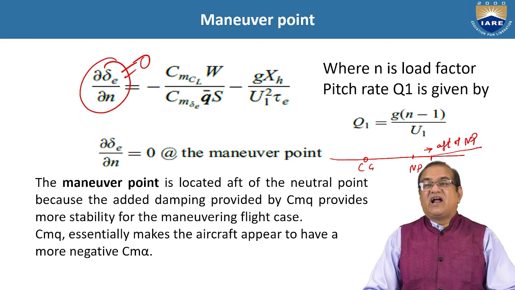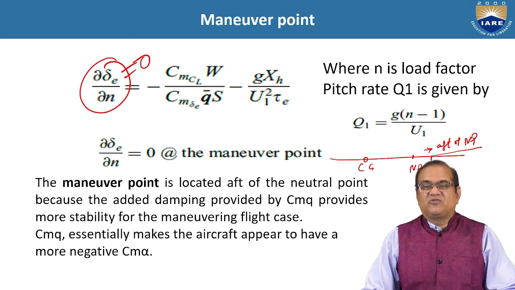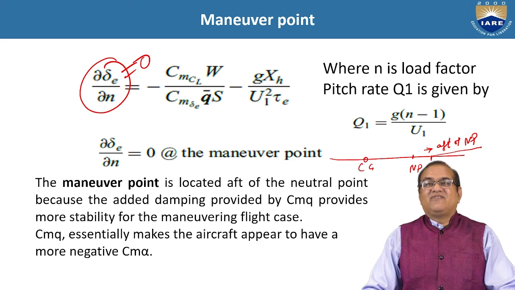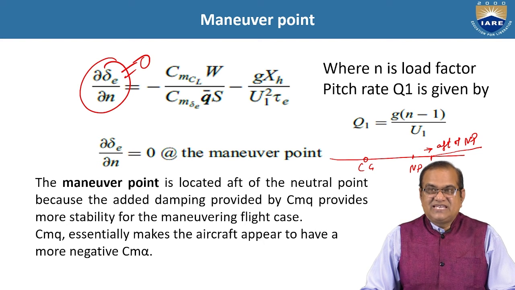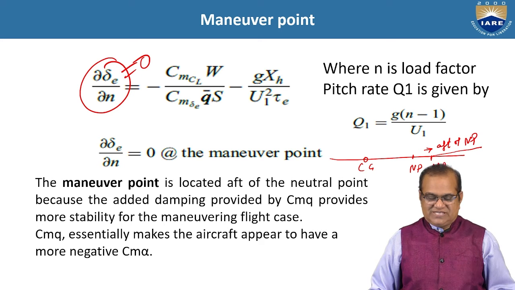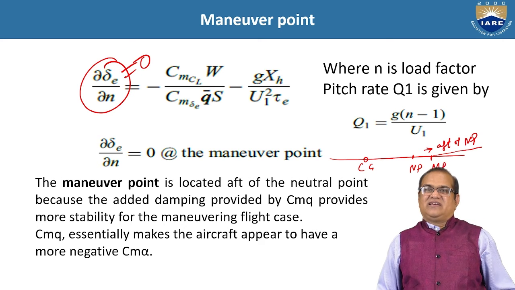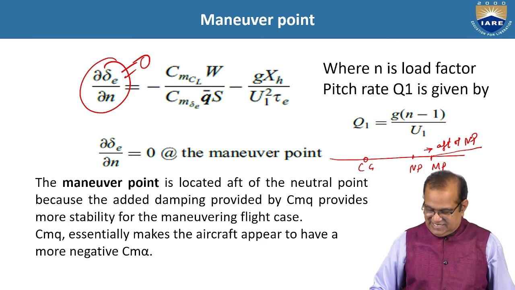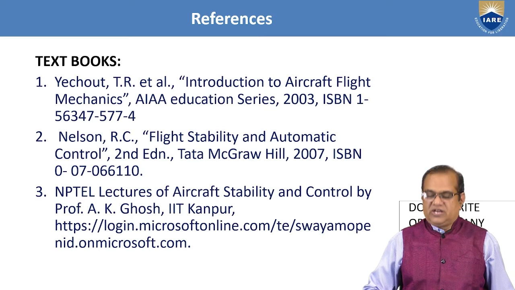So if the aircraft is maneuvering, then this maneuvering point will come into play and the stability criteria will increase. CMQ essentially makes the aircraft appear to have more negative Cm alpha. So this CMQ makes Cm alpha more negative.